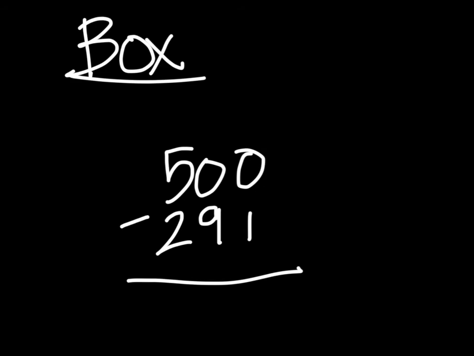So what I want you to think of here for me is that you have 500 pieces or 500 ones. And so we're going to look at the ones place, and we know that we cannot take away 1 from nothing. So let's look at our tens place.